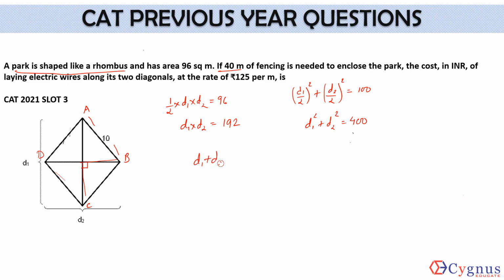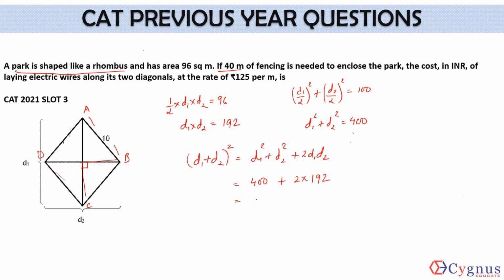Can we have D1 plus D2 here? D1 plus D2 whole square should be equal to D1 square plus D2 square plus 2 D1 D2. Yes or no? What is D1 square plus D2 square? It's 400 plus 2 into D1 into D2. What is D1 into D2? That is 192.